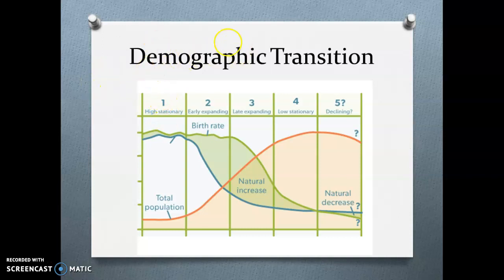We are seeing, probably towards the end of stage 1, some level of agriculture getting started, very much subsistence farming, some form of pastoral farming where people are taking care of animals. So lots of deaths, lots of births, and very little growth.